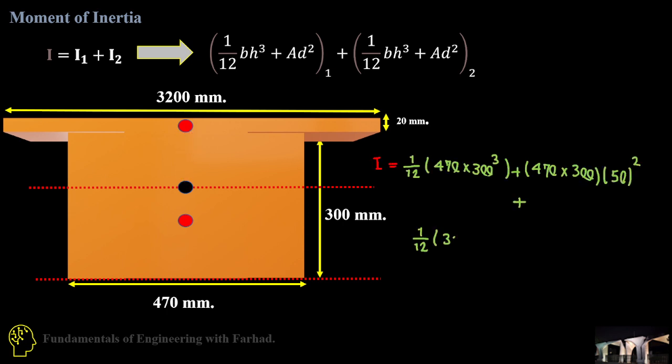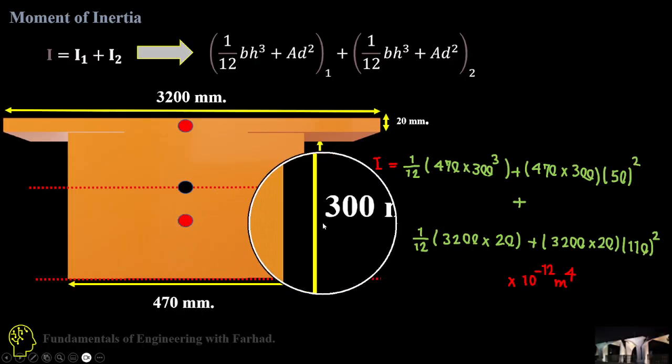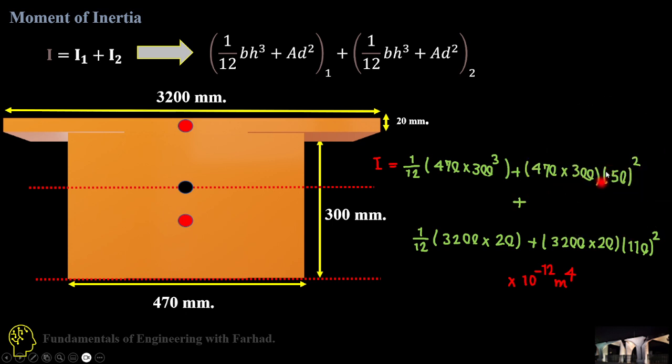So we do the math for I: 1/12 base times height cubed for this part, 1/12 base times height cubed for the other part, plus A d squared, which is the area times d squared, the distance to the centroid location at 200.